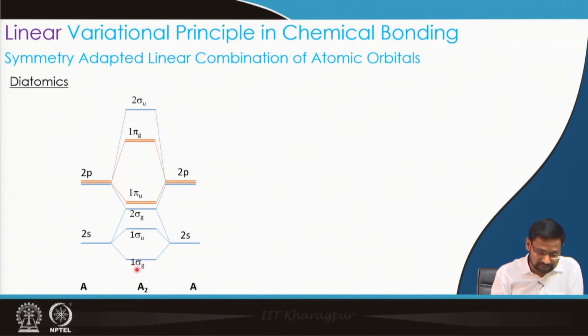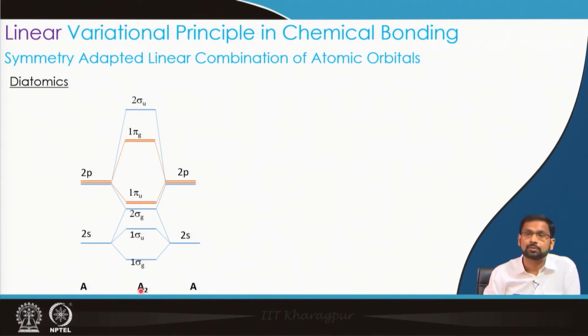For example, the lower one, in most of the cases, would be predominantly contributed by the 2 2s atomic orbitals of atom A. The other one would be an anti-bonding combination of the 2 2s orbitals, just like we had in the hydrogen molecule. This anti-bonding combination is given as sigma u, because this molecule has a center of inversion.